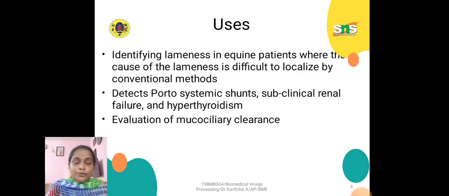It detects portosystemic shunts, subclinical renal failure, and hyperthyroidism. Evaluation of mucociliary clearance is also identified with the help of this scintigraphy.